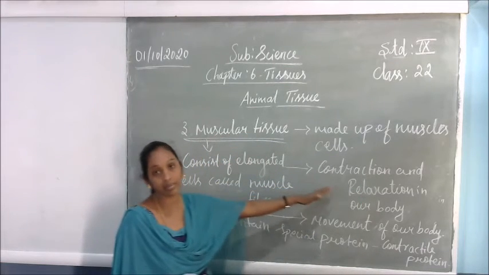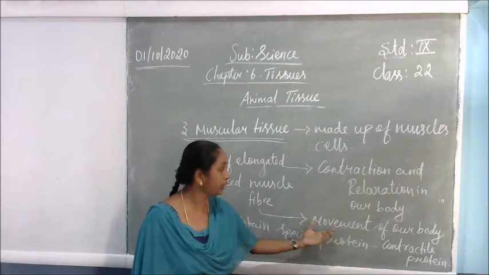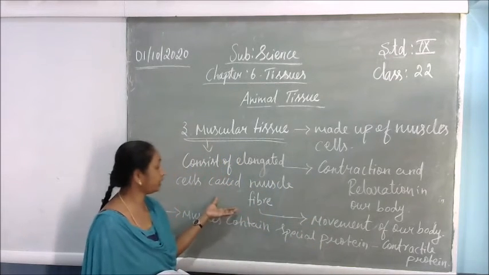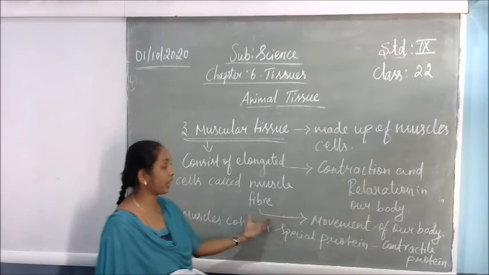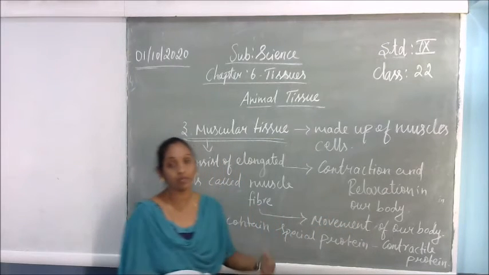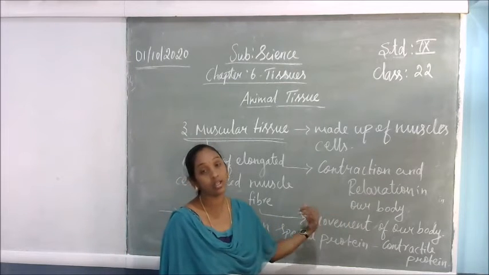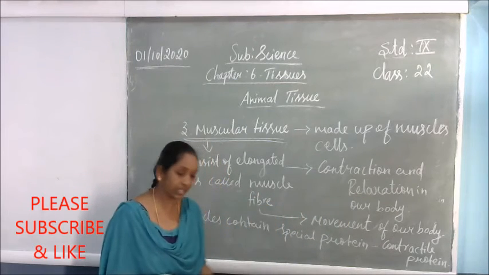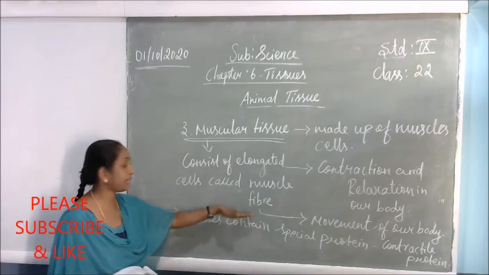In the heart, the cardiac muscle cells do this also. Then there is movement of our body. Muscle fibers help the movement of our body, so we can walk and run easily, and bend our head down or upwards. That is all happening because of the muscle fibers.